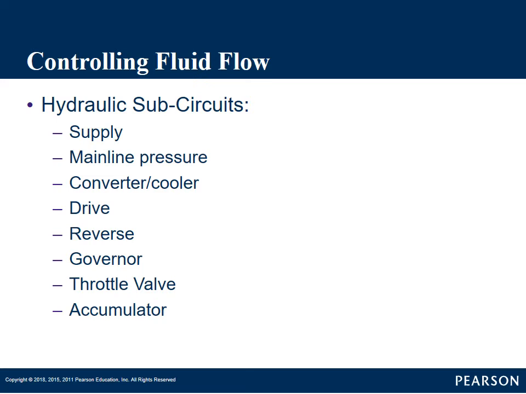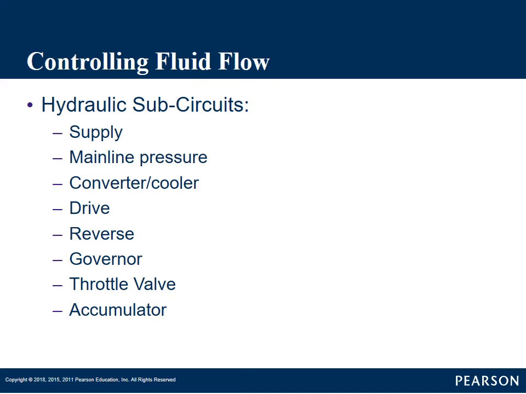So manual low would be the same circuit as our reverse circuit. When it goes into that circuit, it increases mainline pressure. Okay, so when we have our reverse circuit, that increases our mainline pressure and allows us to apply manual low gear and reverse with a higher pressure to hold the clutches tighter.